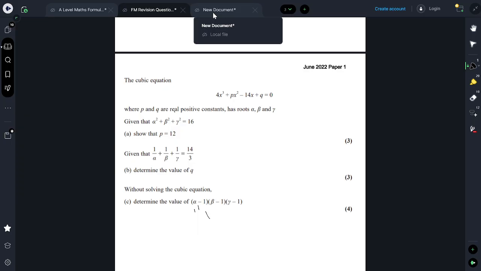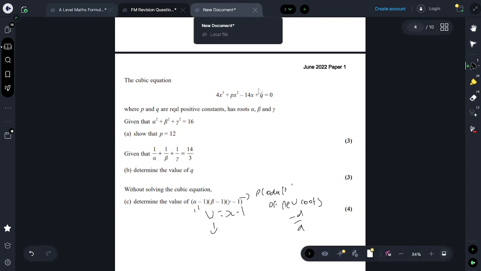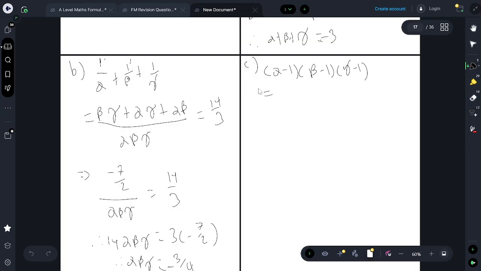You can shift the roots by saying W is x minus 1, and then this would correspond to the product of new roots. And then obviously the product would be minus d over a of the new cubic. Or let's see what happens if we expand. Maybe we can work with it.